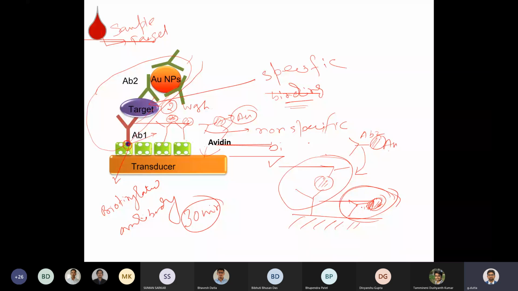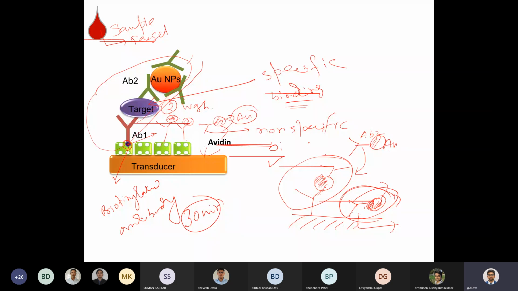So this is called non-specific binding. Clear? What is the definition of non-specific binding? If the secondary antibody conjugated with label binds instead of on the primary antibody coated surface, then it is the non-specific one. So this is the specific surface.